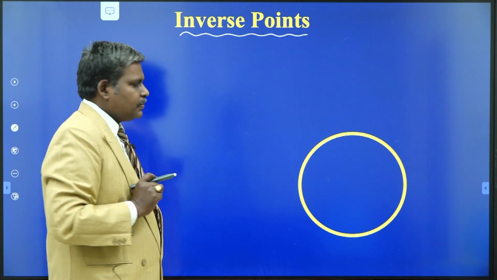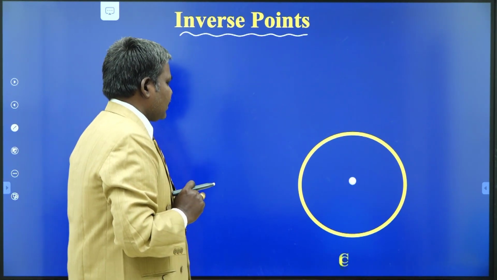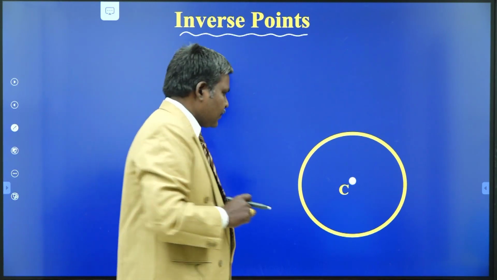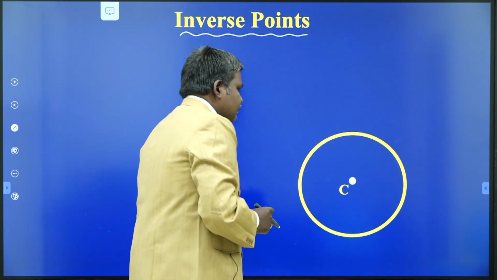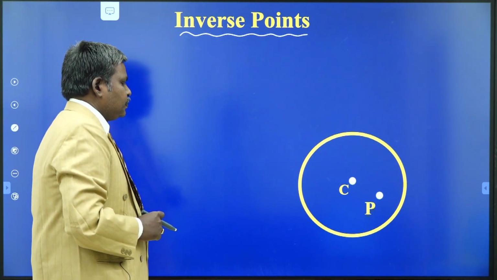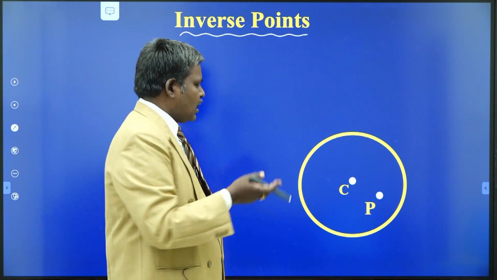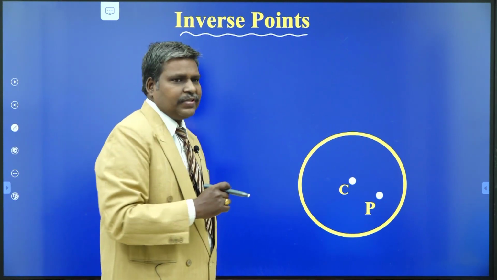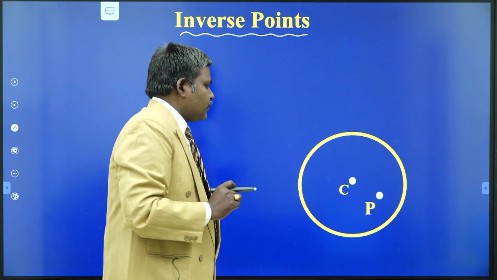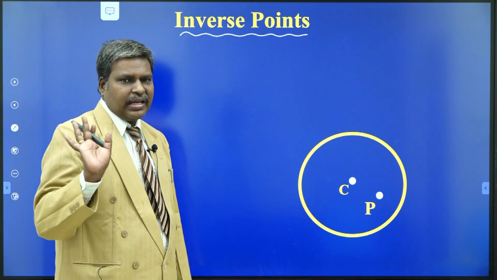Consider the circle S = 0. Its center is C, as shown in this figure. Now, this is any point P in the plane of the circle. You may take it outside, on, or inside the circle. One position of P is like this, inside the circle. You may take it anywhere.